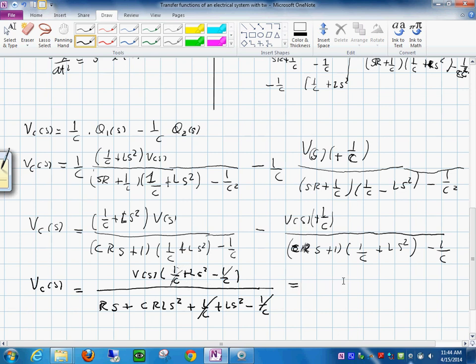So this is going to be B of S times L S squared divided by, in here we're going to have several terms. This CRS is cubic in here, right?